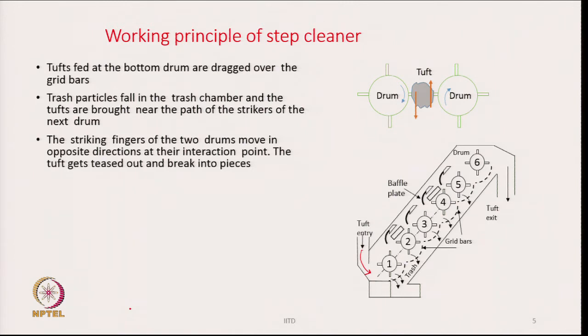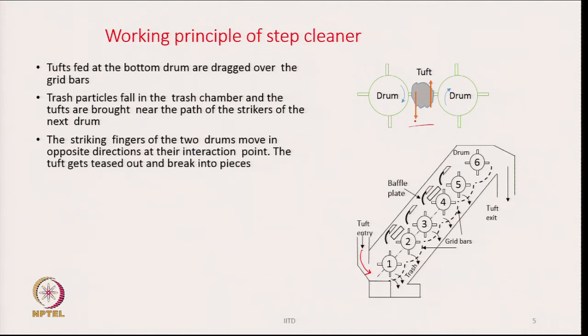If we see the action between the fingers of two drums, what is going to happen is that if there is a tuft as shown here in the interacting zone, one striking element is moving up, the other striking element as shown here is moving down. That means, if you look at the drum rotation, the rotation of the drum is clockwise, but in the interacting zone, the fingers are moving in opposite directions to each other.